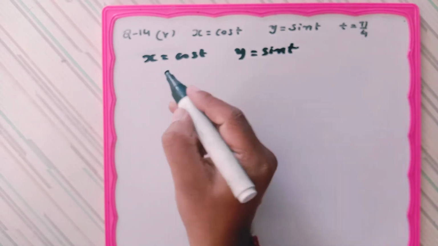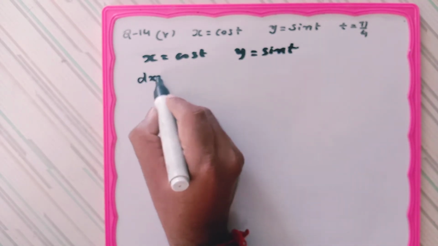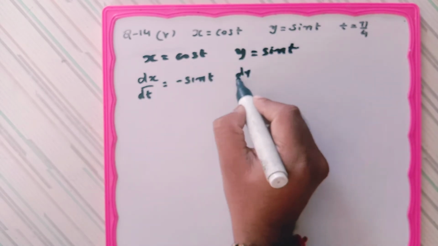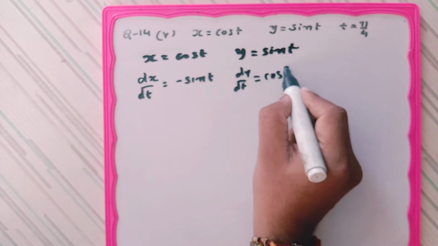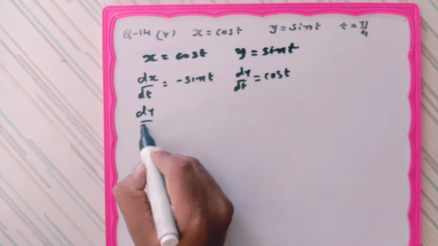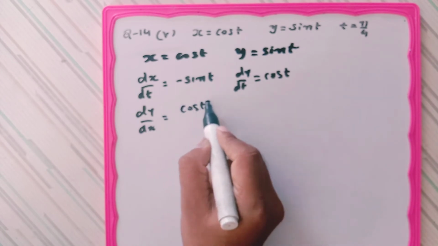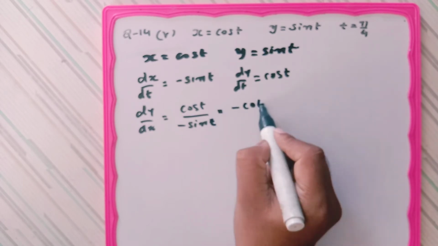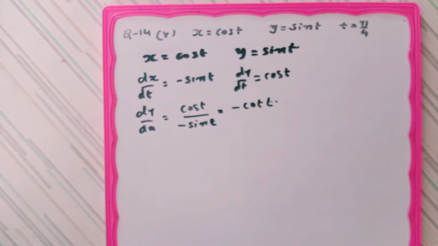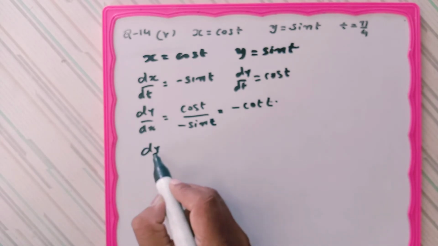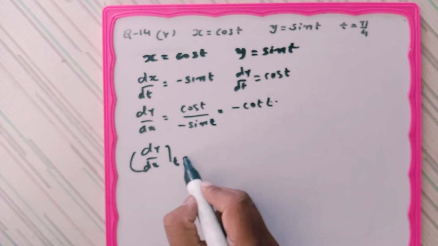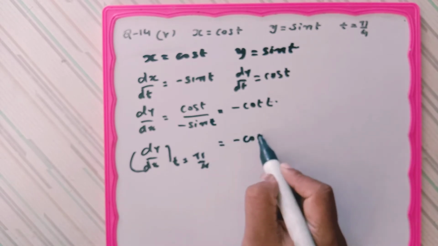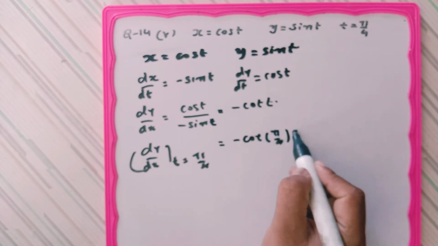With respect to parameter t, we differentiate: dx by dt equals minus sin t, and dy by dt equals cos t, and so dy by dx equals cos t upon minus sin t, which is minus cot t. At t equals pi by 4, the slope will be minus cot of pi by 4, so minus 1.